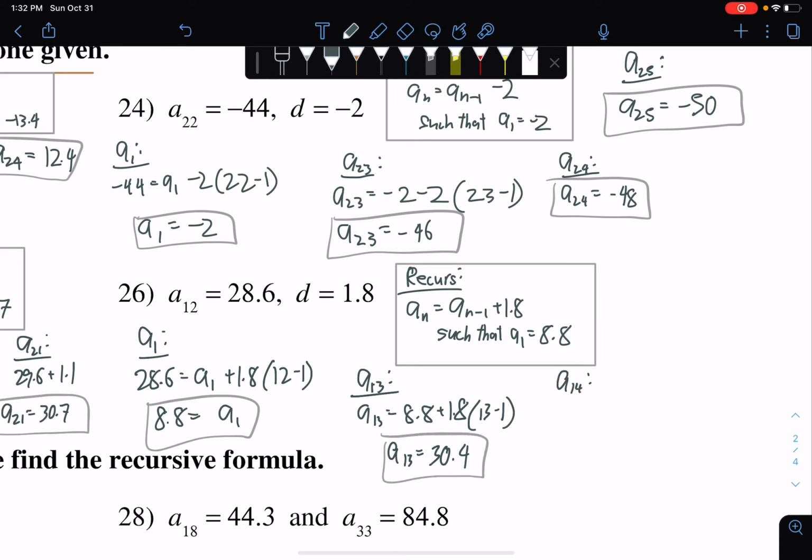A sub 14 is equal to basically 30.4 plus 1.8, which is 32.2. Now, a sub 15 is equal to 32.2 plus another 1.8, which is 34.